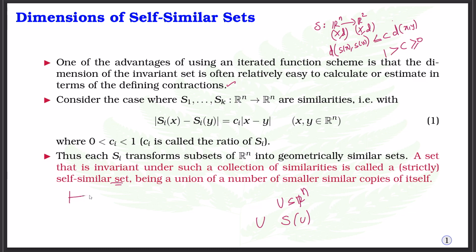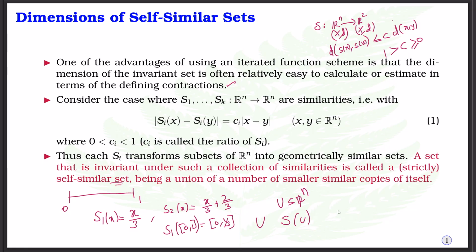For example, if you take the closed interval [0,1] in the Cantor set construction, we can take S1(x) as x/3 and S2(x) as x/3 plus 2/3. So S1 maps the closed interval [0,1] to the closed interval [0,1/3], and S2 maps [0,1] to [2/3,1].